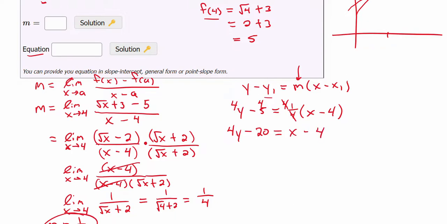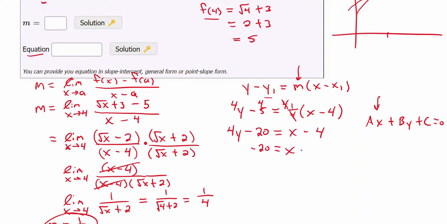So now in general form, if you remember, general form is like this. It's ax plus by plus c is equal to 0. So technically, you should have your x be positive. So since x is already positive over here, I'm going to bring everything else over to this side. So let's bring the 4y over. So we get negative 20 is equal to x.